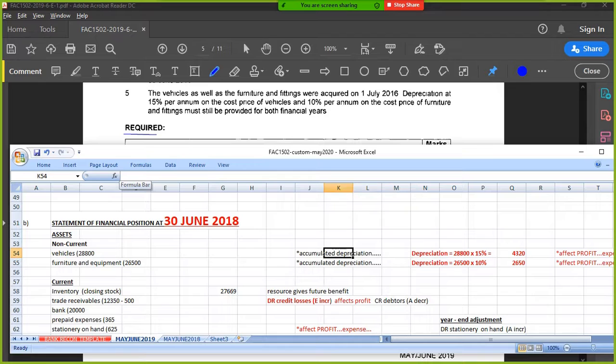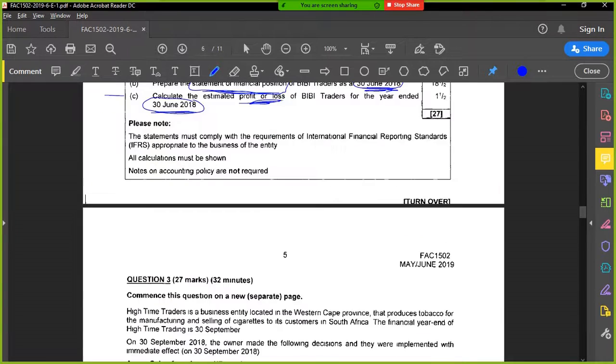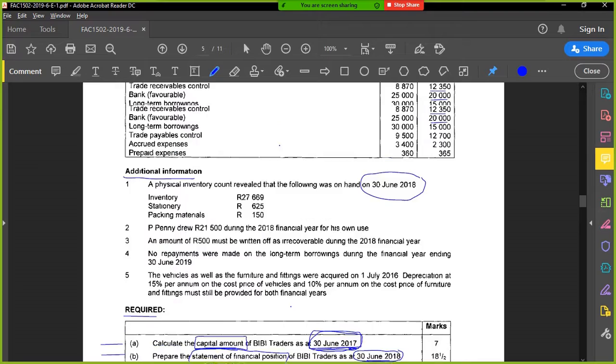Right, there's my answers. So, subtract. Minus 4320, minus 2650. Is that the end of the question? Yes, that's the end of the question.